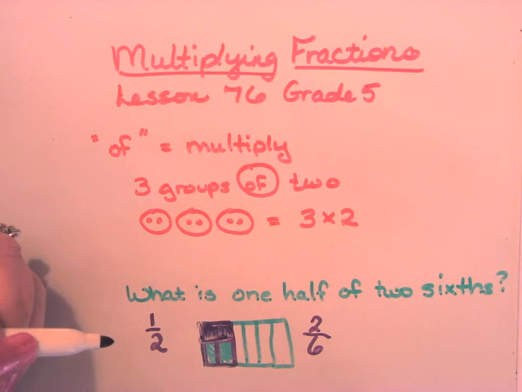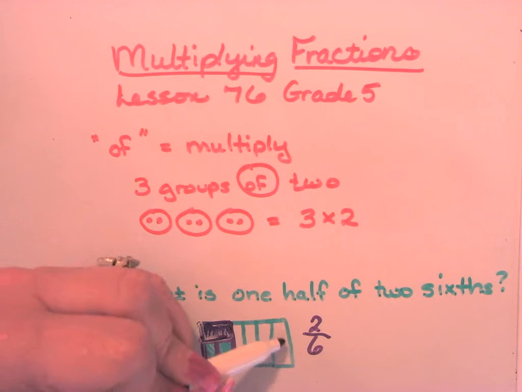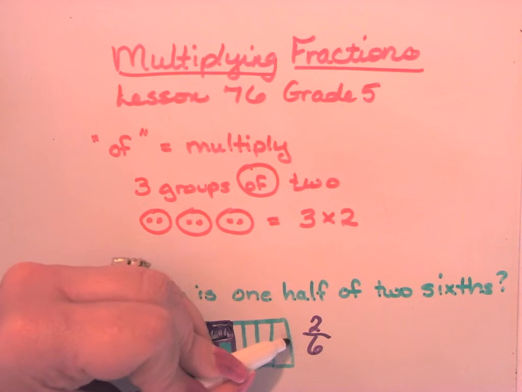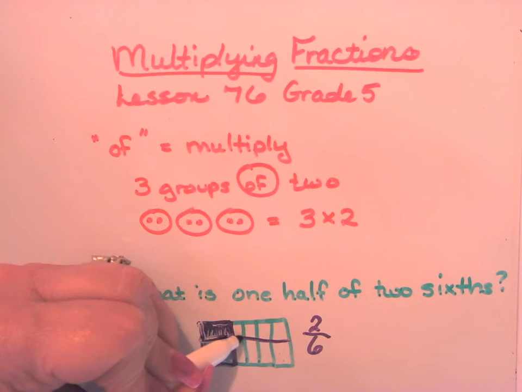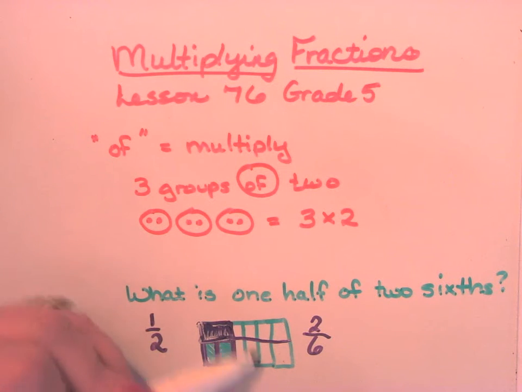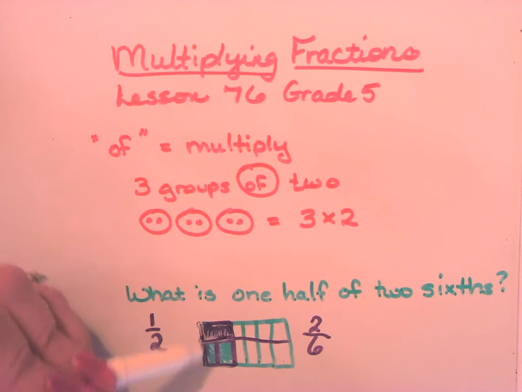However, because it's not all equal pieces, what we need to do is take that whole thing and make them so that they're equal squares. So here's a square, so I need to cut this down here to make it so that they're all equal pieces. Now I have pieces that are all the same size. So when I look at 1/2 of 2/6, I have that colored in.